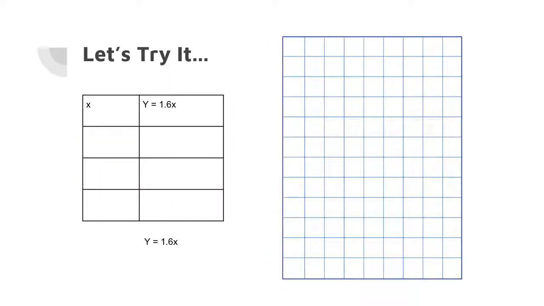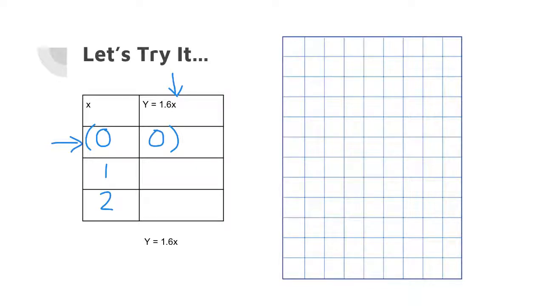Let's try again and see if that connection or that pattern you saw works for this one as well. The first thing I'm going to do is pick some nice, easy numbers for x. 0, 1, and 2 are my favorites. Then I can replace x with, in this case, the first one is 0. So I have 1.6 zeros, or 1.6 times 0, which is 0. I have my first ordered pair.